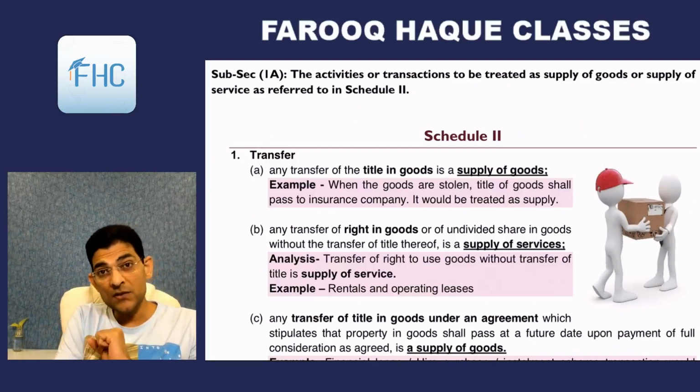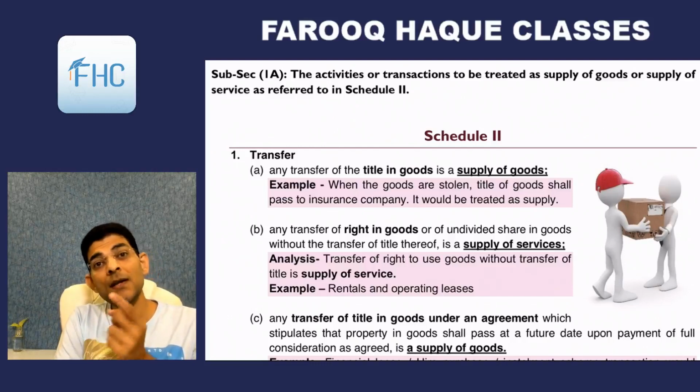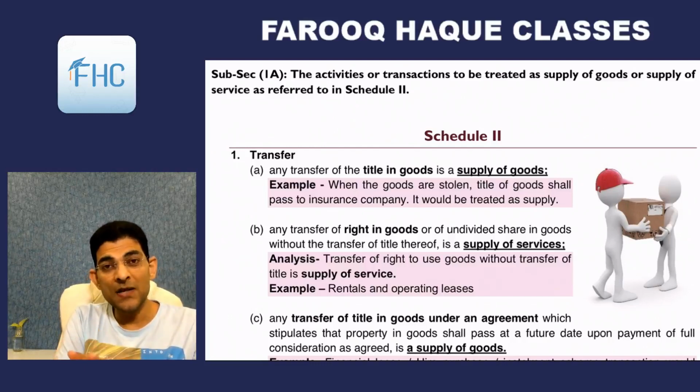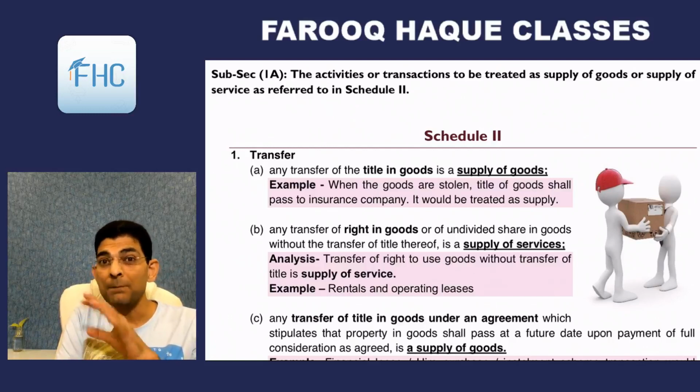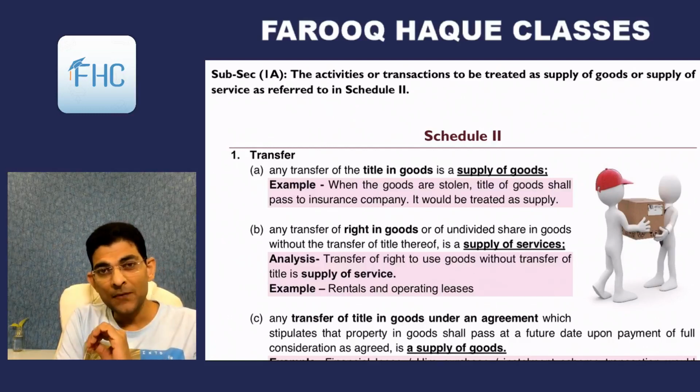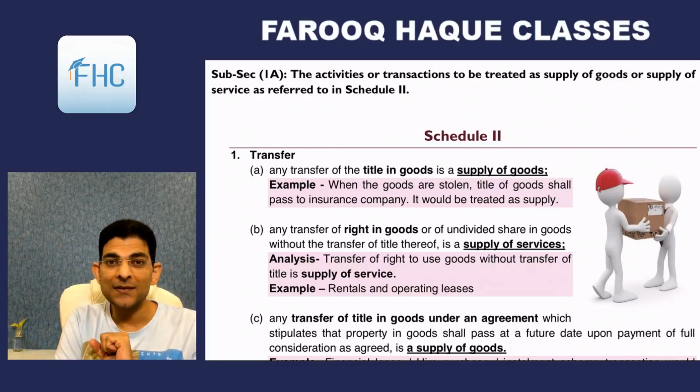Now to avoid such litigations in the GST era, the government knows where the litigation lies, which type of transactions are of ambiguous nature. So they have defined them and clarified in this schedule whether they are to be considered as goods or as services. Understood?